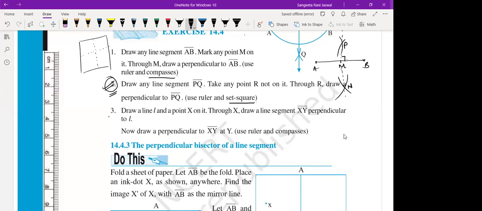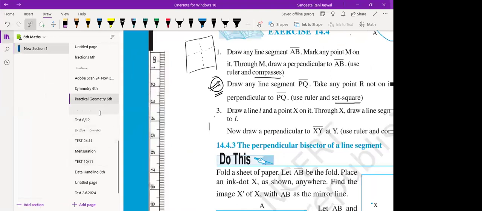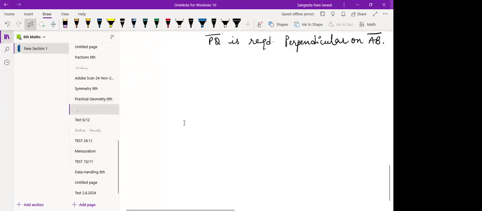But before that, I want to tell you how you can make a perpendicular when you don't have a point on the line. So for that, I'll show you now. That is not a question from this exercise, but I'm showing you. Now see, suppose this is a line AB and you have a point M somewhere outside the line, right?